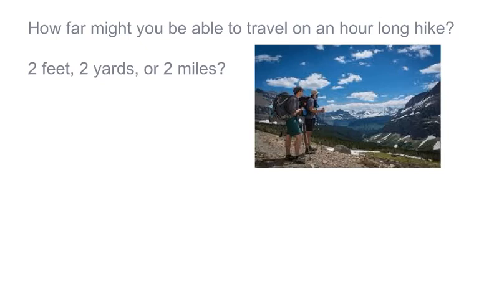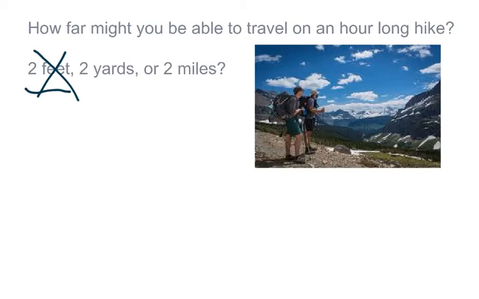This next question is asking you, if you were to go on a hike for an hour, how far might you be able to travel? Do you think that you would travel 2 feet, 2 yards, or 2 miles? So if you're walking for a whole hour, I'm going to guess that you can definitely go further than 2 feet or 2 rulers.